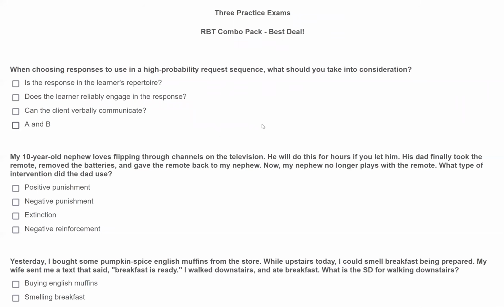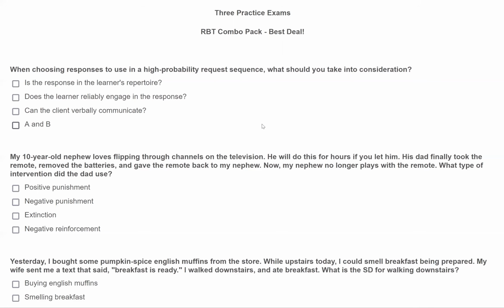Now, questions like these are going to make you think a little harder about actually using a high P request sequence, because this question is asking what you need to take into consideration when choosing responses for a high P request sequence. So, A, is the response in the learner's repertoire? Would it be important that the learner knows how to do the request you're asking them to do?